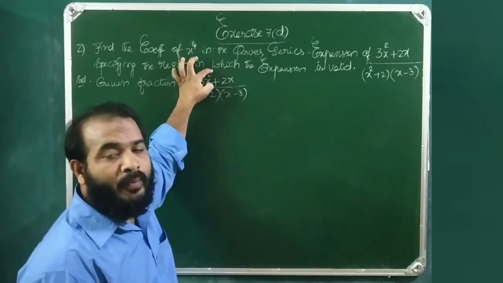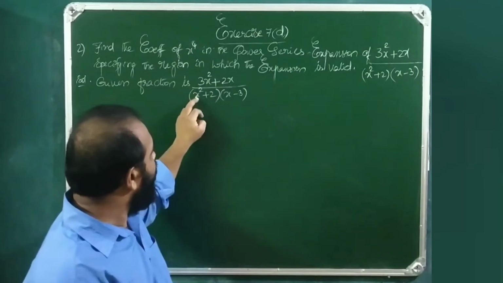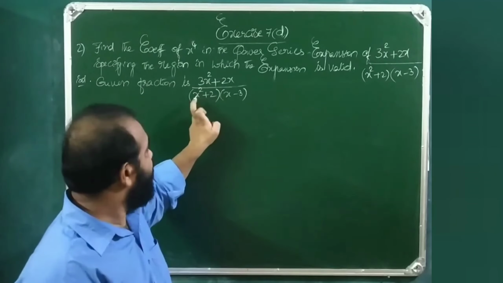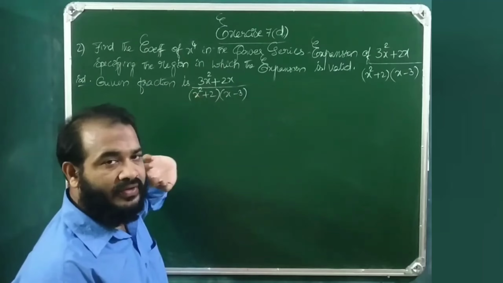So this is again a proper fraction, with the degree of the numerator 2 and the degree of the denominator 3, x square into x is x cube. So again it is a proper fraction.